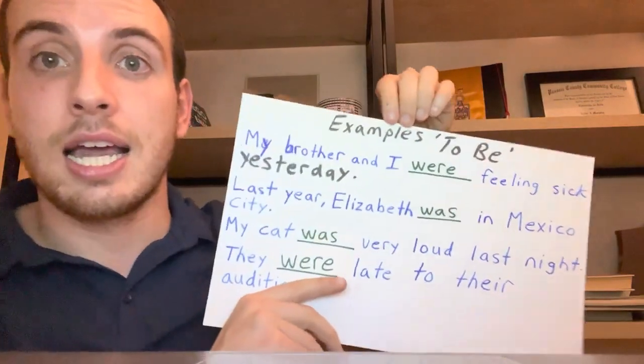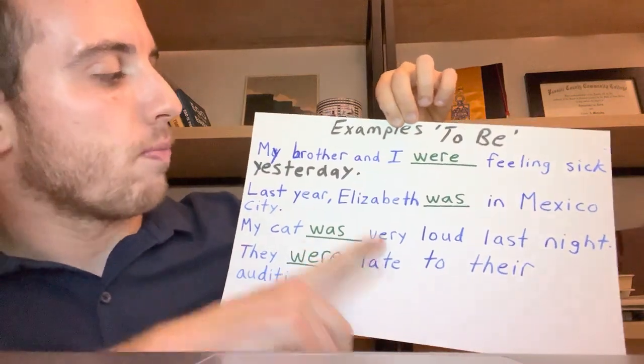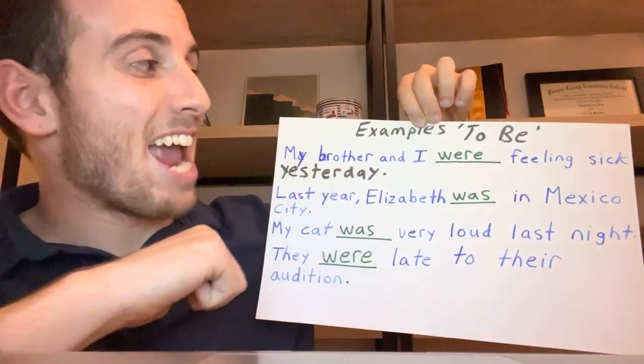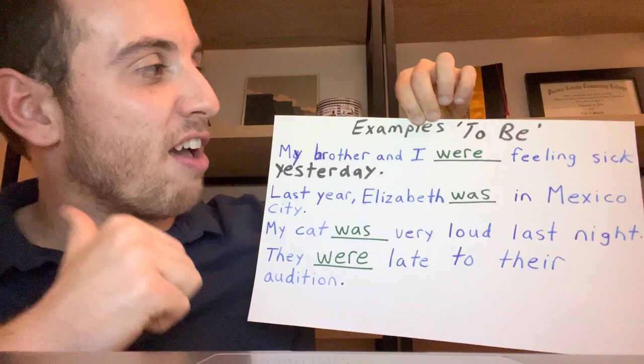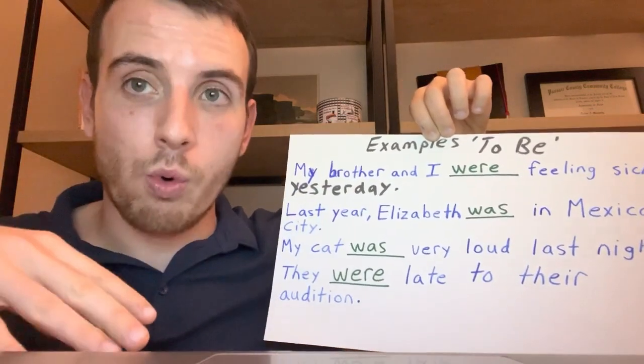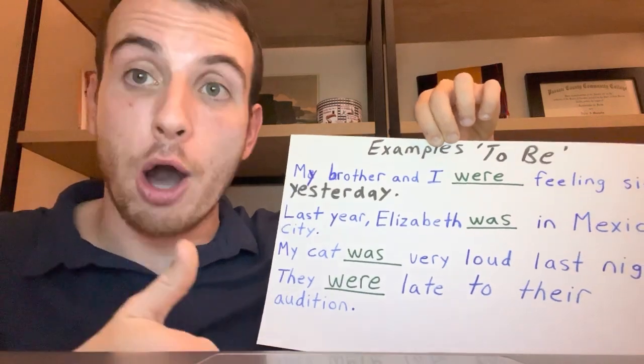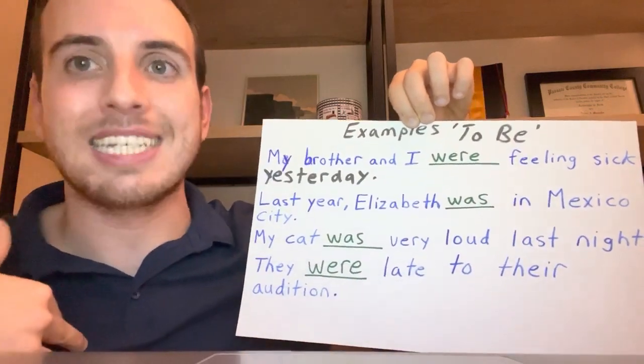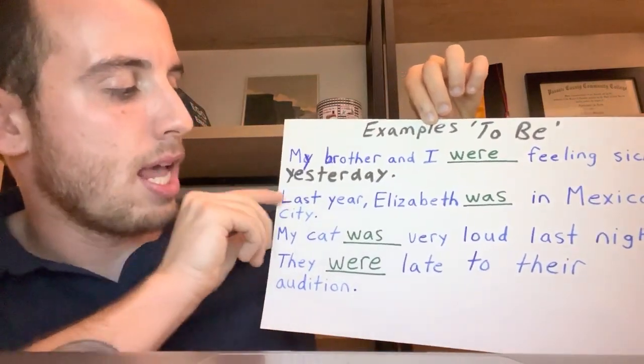I wrote some example sentences with the verb to be in the simple past tense. For example, my brother and I were feeling sick yesterday. Now we feel fine, but we were feeling sick in the past.